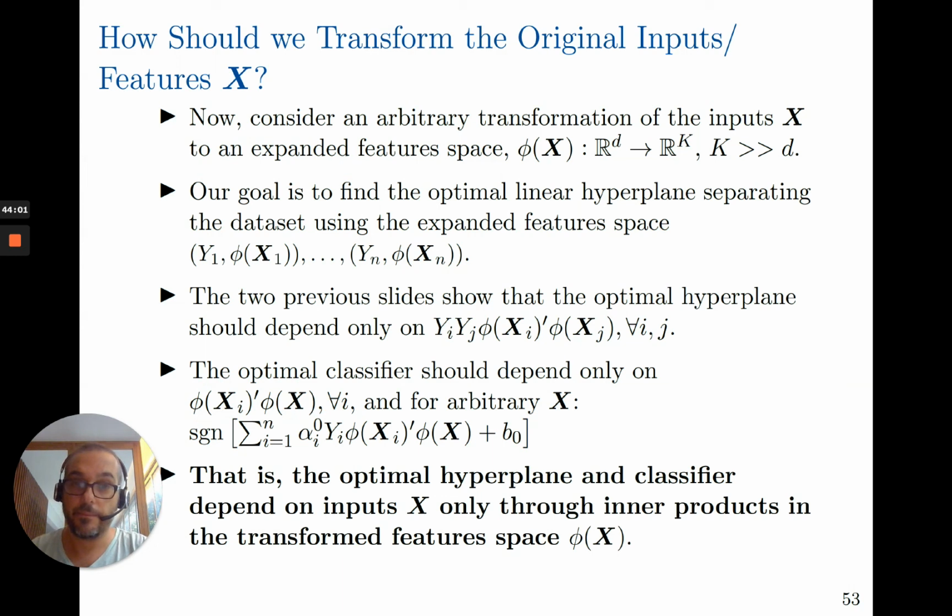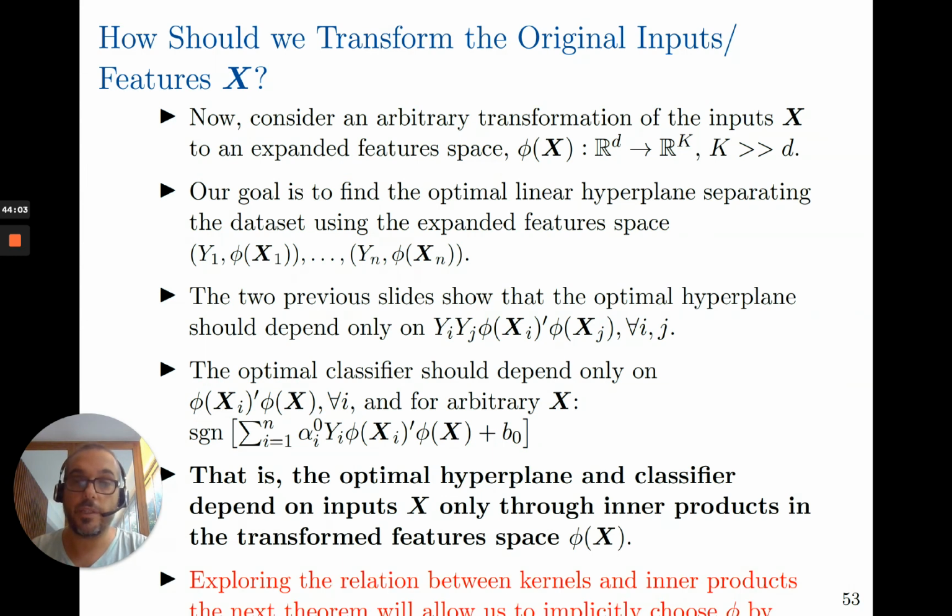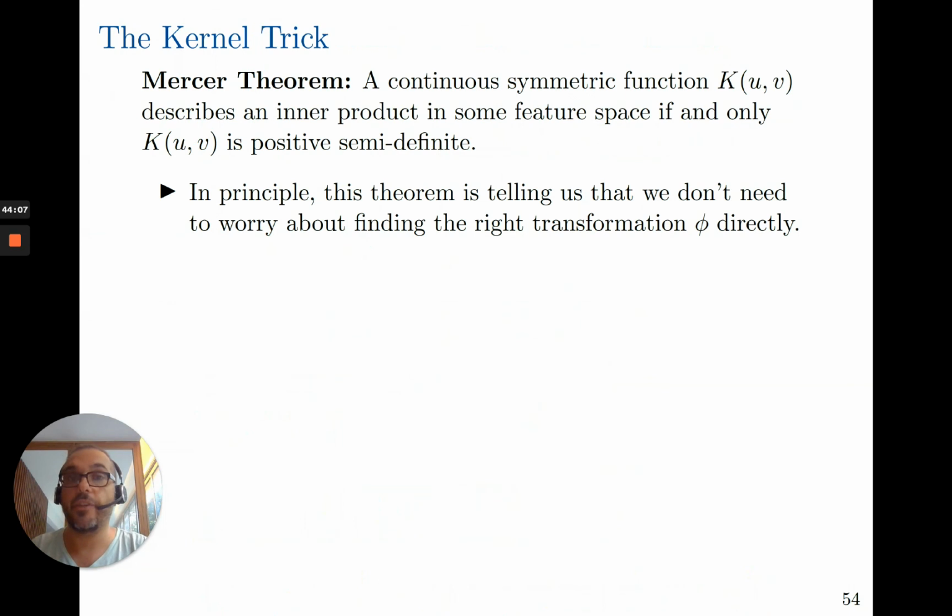Okay, and that's what we are going to work with, basically using the Mercer theorem. The Mercer theorem says that the continuous symmetric function k of u and v describes an inner product in some feature space if and only if k of u, v is positive semi-definite. So in principle, this theorem is telling us that we do not need to worry about finding the right transformation directly.